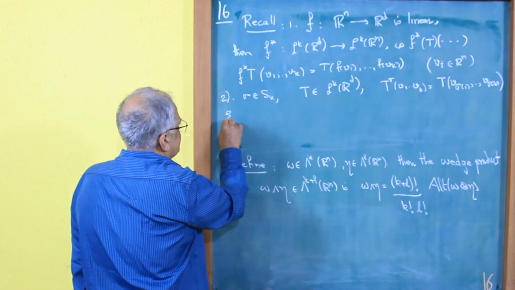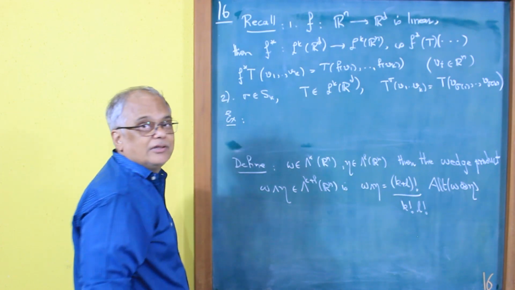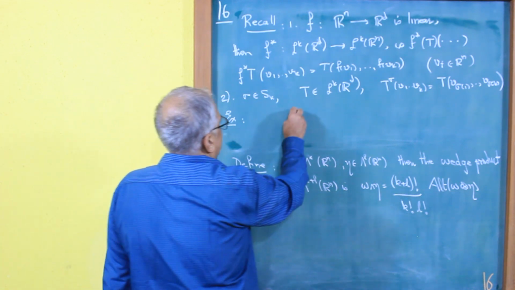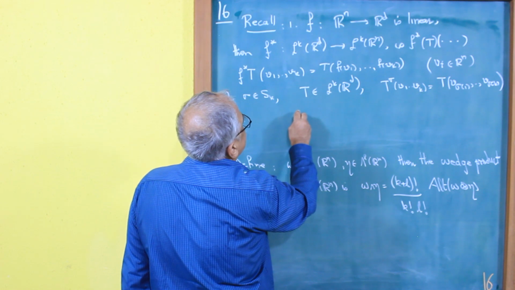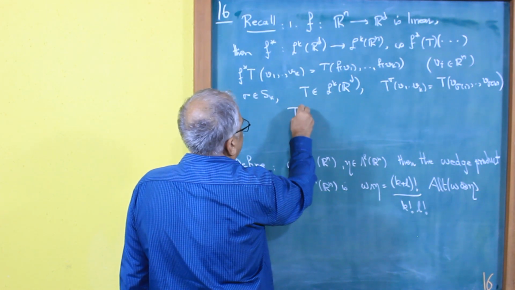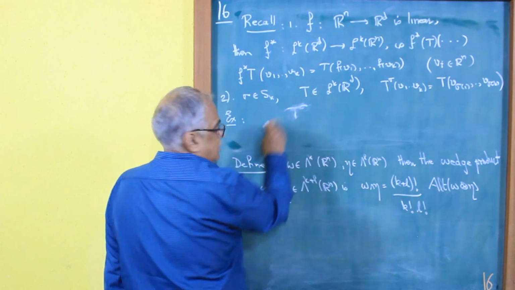So the exercise that you should think about here is that what can I do? I can take T upper star, I can take T sigma.